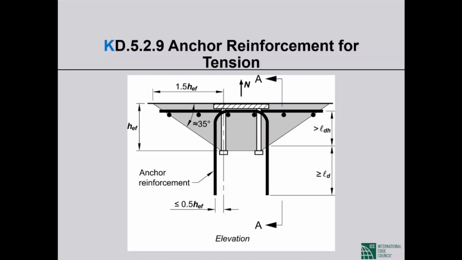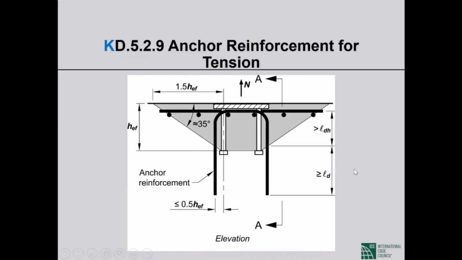On this side of the failure plane, we have l sub d, the required development length. On the other side of the failure plane, we have l sub dh, the hooked bar development length, because this bar is hooked and continuous.